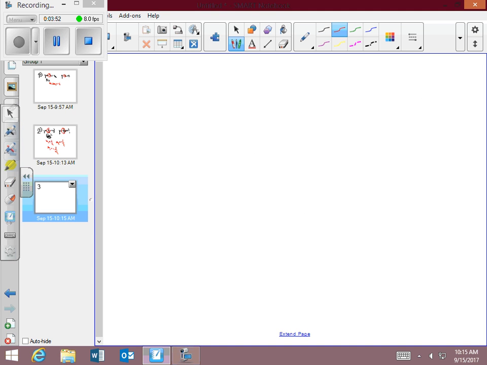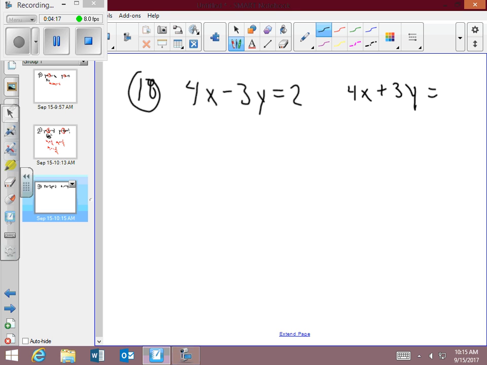The next one that I wanted to look at is 18. It says the lines 4x minus 3y equals 2 and 4x plus 3y equals minus 7. And the question is, are the lines perpendicular?